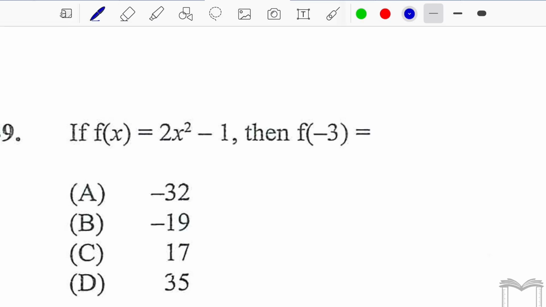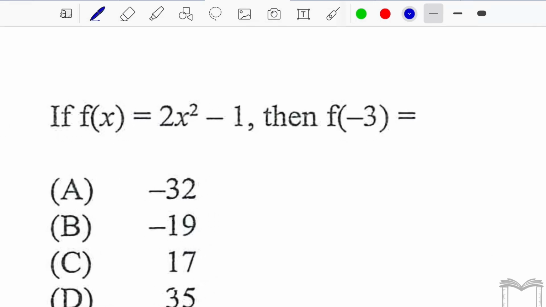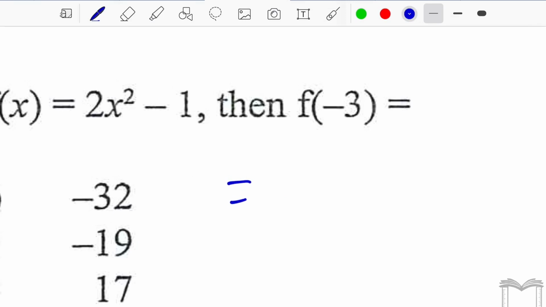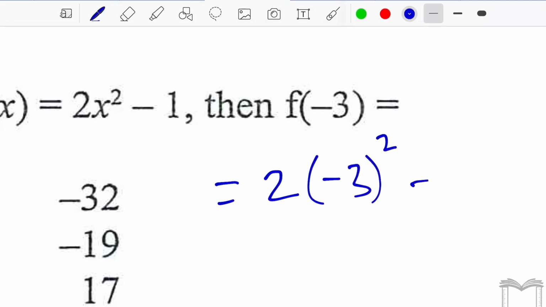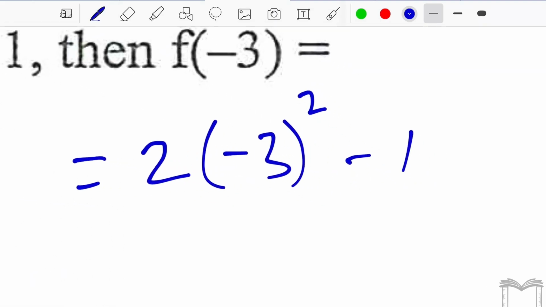Number 49. If f(x) is equal to 2x squared minus 1, then f of minus 3 is equal to. So we simply need to replace the x value with minus 3. f(x) is equal to 2 times x squared minus 1.